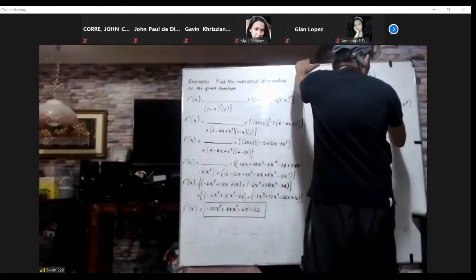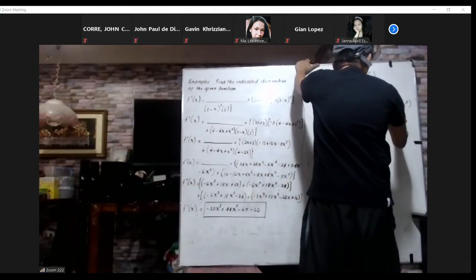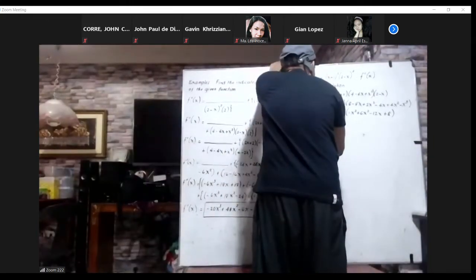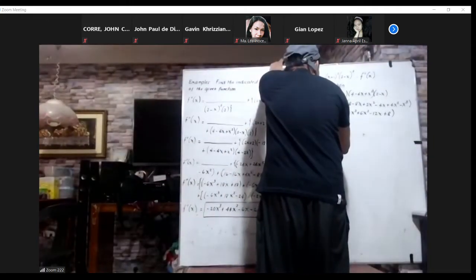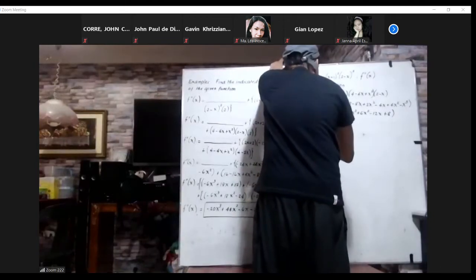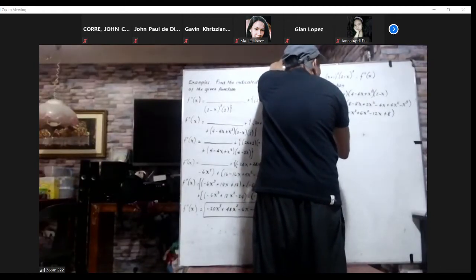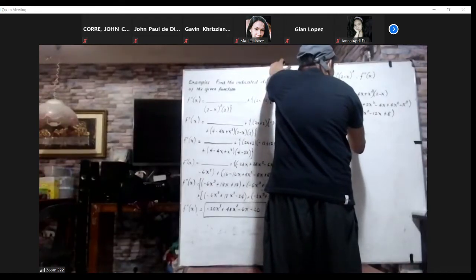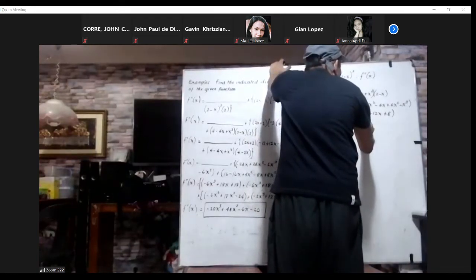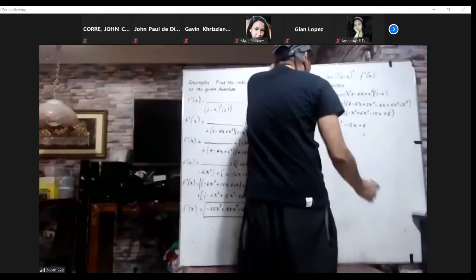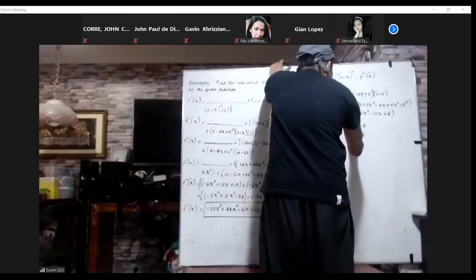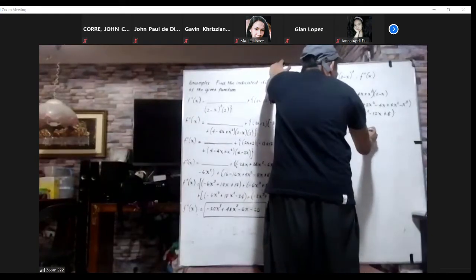Okay, plus 8. So, pwede na tayo mag-multiply. Okay, lagay na natin. Negative x cubed, then plus 6x squared, minus 12x, plus 8. Multiplied by x squared, plus 2x, plus 1.